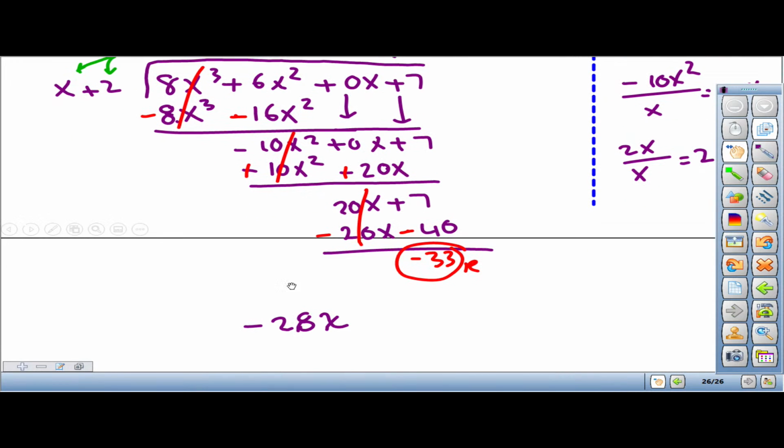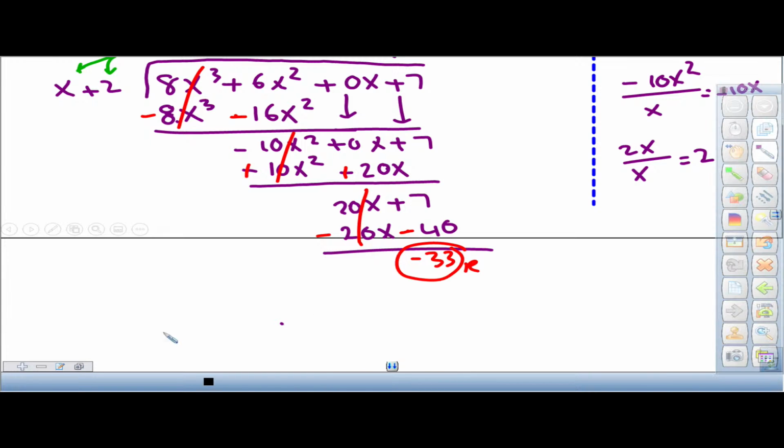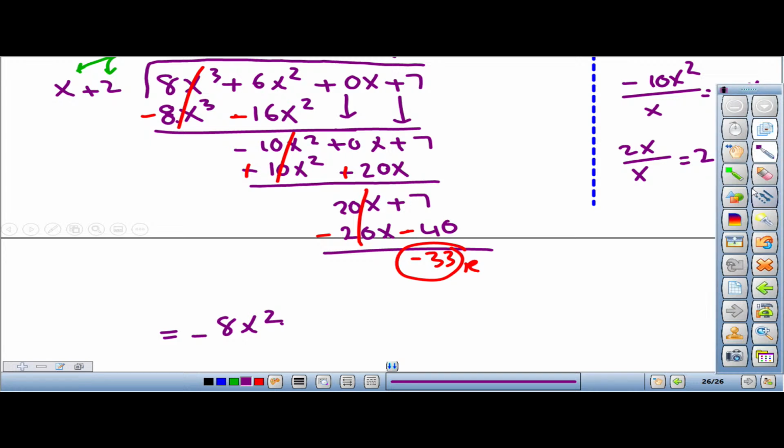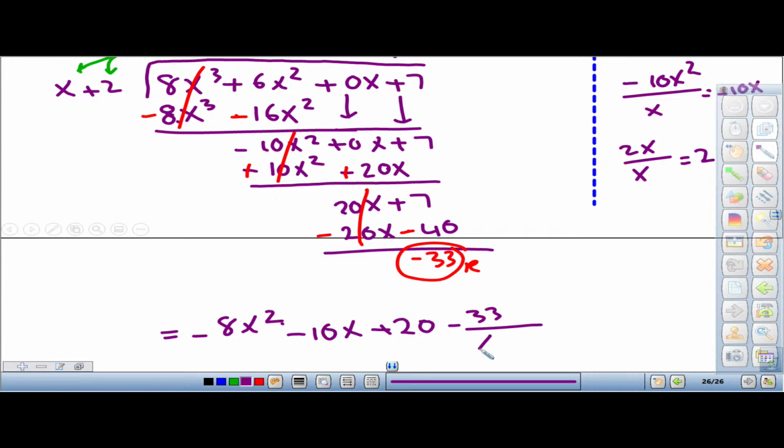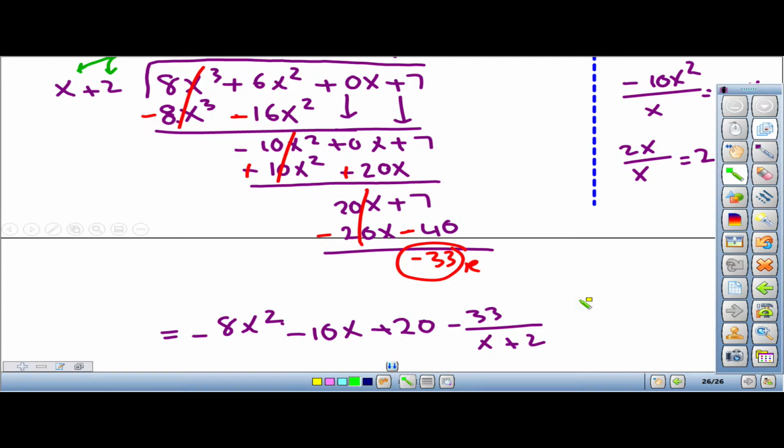Negative 8x squared, and then plus what? Minus 10 plus 20. And that should be the answer for this problem.